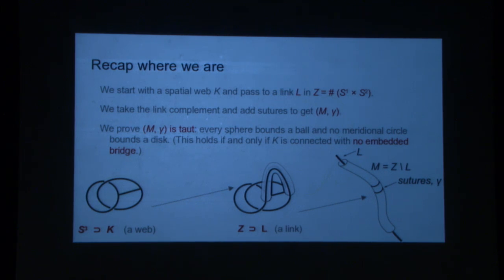This is a picture of what we've done. We've started with a web in S3. We've passed to a link in a rather simple three-manifold. We've deleted a neighborhood of the link to get a new three-manifold with boundary M, and we put these sutures on the boundary. And then we prove, assuming no embedded bridge, that this is a taut sutured three-manifold.